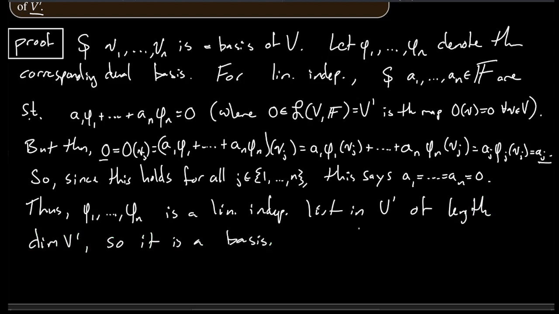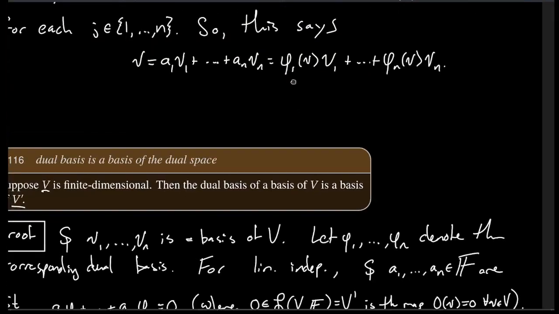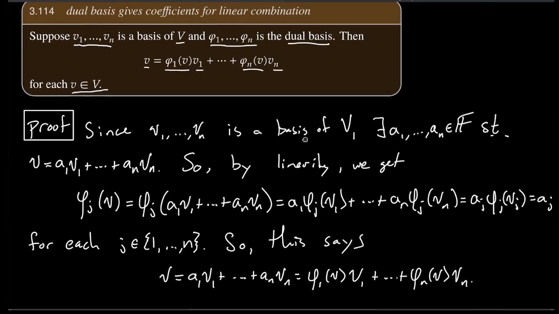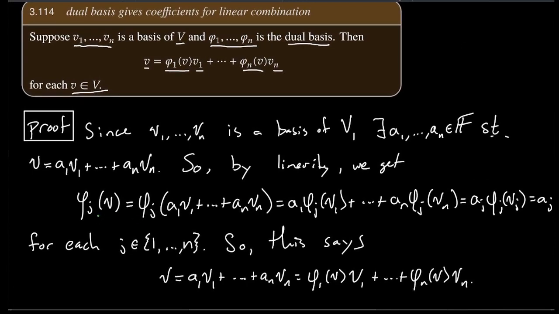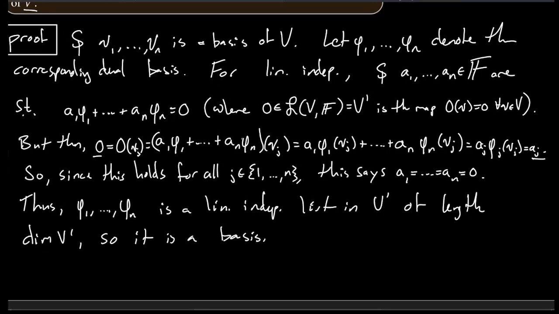Oh, cool. We just used two previous results. So first things first, we used this one right here, essentially the same line of argument, that said that, hey, phi j of v gives you the corresponding coefficient. So if you take v to be vj, then it would just give you back 1, right? We're doing the same kind of trick right here.